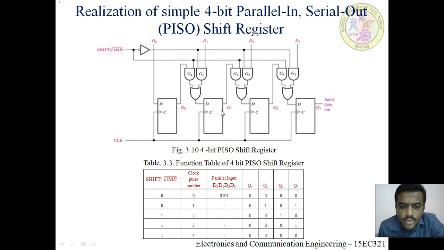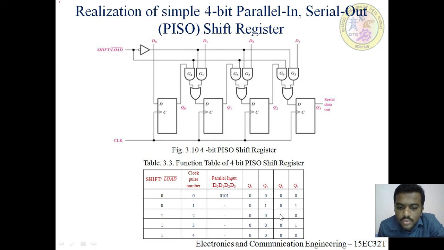Similarly, the value of Q1, which was binary 1, will be shifted through the AND gate G5 and through the OR gate to the output of the third flip-flop. It means that the value of Q1, which was binary 1 at the end of the first clock pulse, will be shifted to the output of the third flip-flop, and it is denoted as Q2.